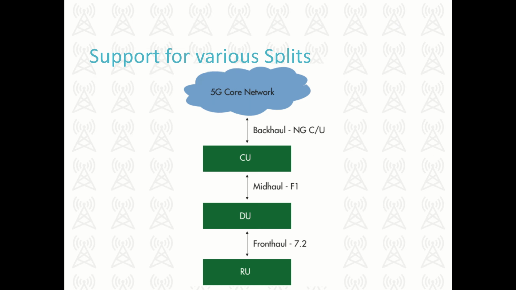Yeah. So till now what we have seen is that the various interfaces are there. Till now we talked only about DU to RU using SDR, but as we already mentioned, the OAI 5G RAN also supports split 7.2 in the fronthaul.